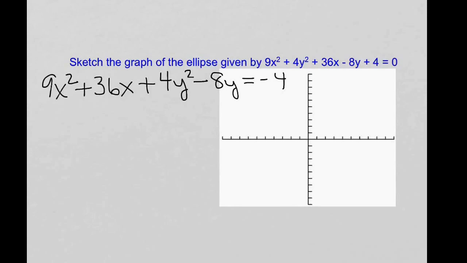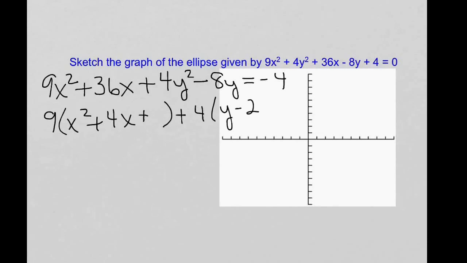Now I'm ready to complete the square. So that's 9 times (x squared plus 4x plus some number) plus 4 times (y squared minus 2y plus some number) is equal to negative 4.